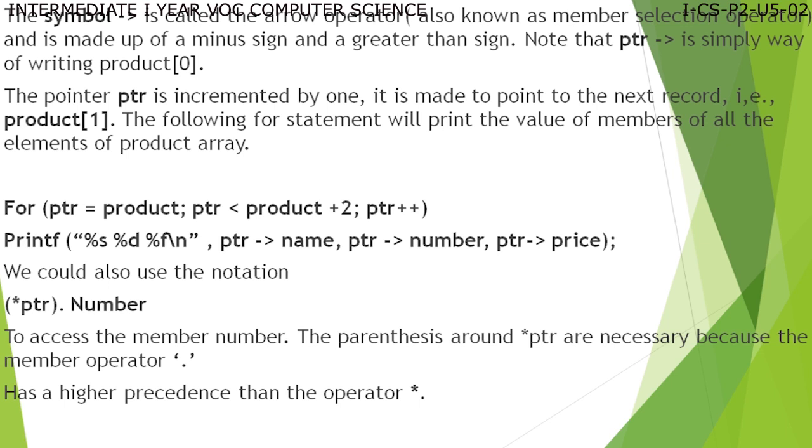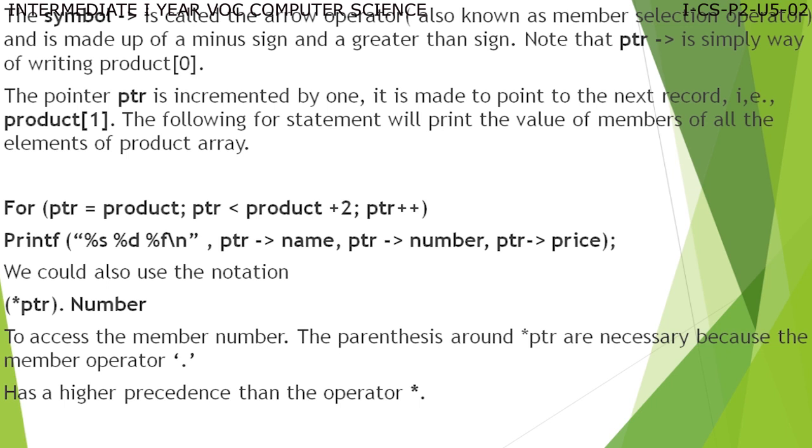It will access the member number, the name, and the price. You always have to write the parentheses around the pointer PTR. It is necessary because of the member operator we are using: pointer PTR, operator of the member, number of elements.